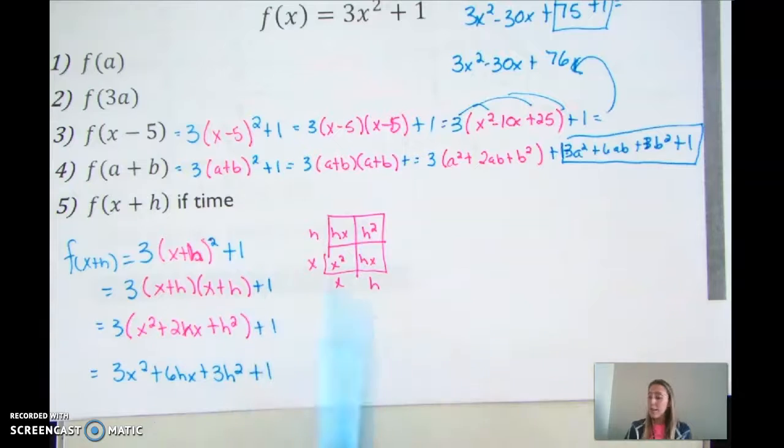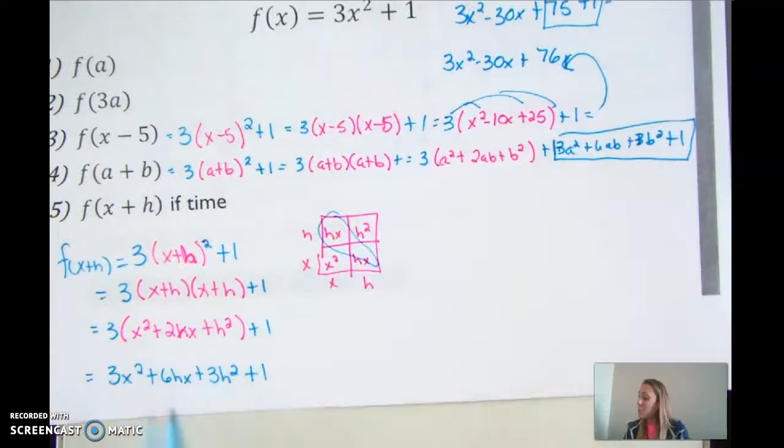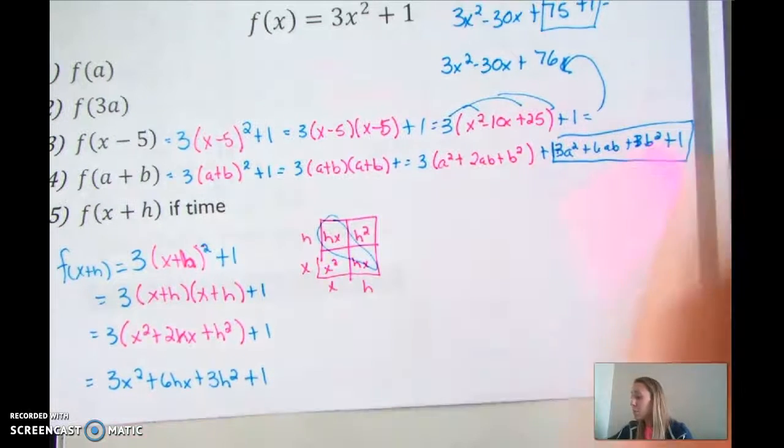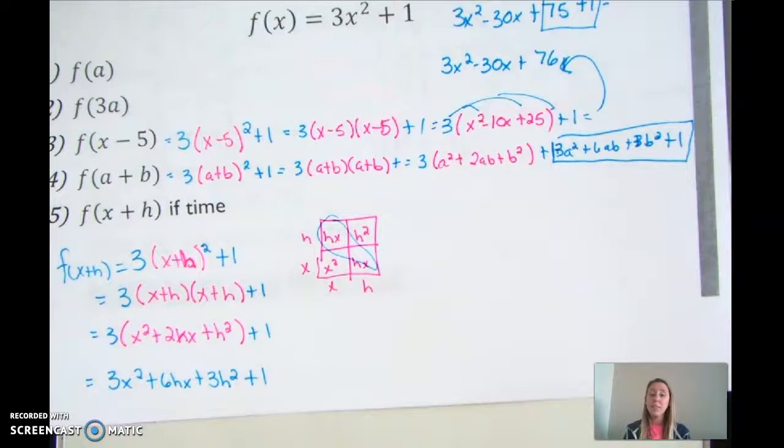I did it right here. I combined my like terms. I got x squared plus 2hx plus h squared plus 1, and then I distributed my 3, and my final answer is 3x squared plus 6hx plus 3h squared plus 1. You may have noticed a pattern between the two of these and that they were very similar.